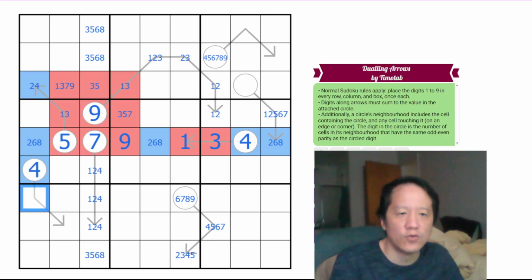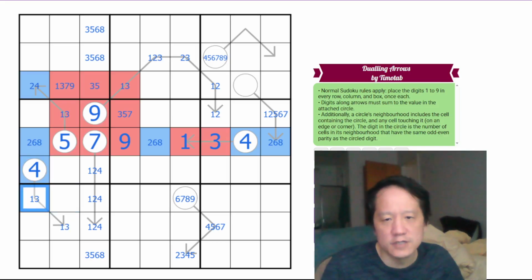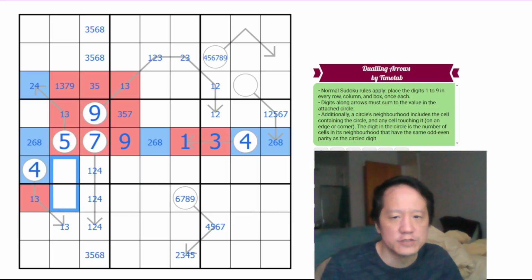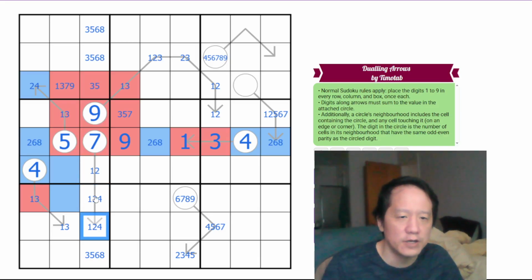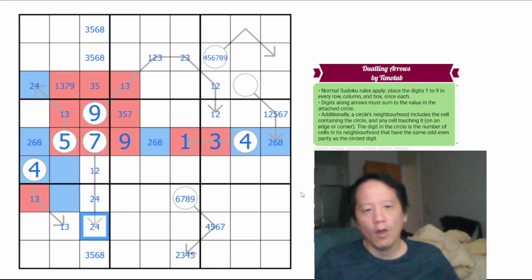So this is 4, which makes this a 1-3 pair here. This is odd, which means in the other two spaces, they must be even, because this 4 says that 4 matches their even parity. This can't be 4. This can't be 1, because of the 1-3 pair in the box.